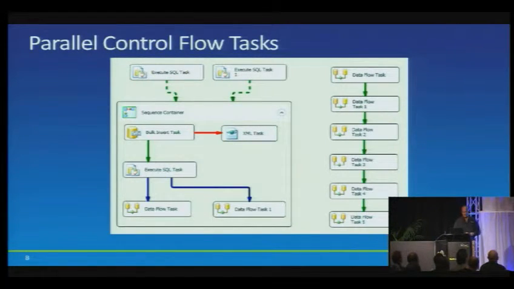All right, so this is a scenario where we have two different concepts. Here is a fairly serial kind of process. One works after the other, different data flow processes. Here it's a little more parallel, where those two run in parallel, and then upon execution of both of them, we go into a particular sequence container that goes through some bulk inserts and some particular data flow tasks.